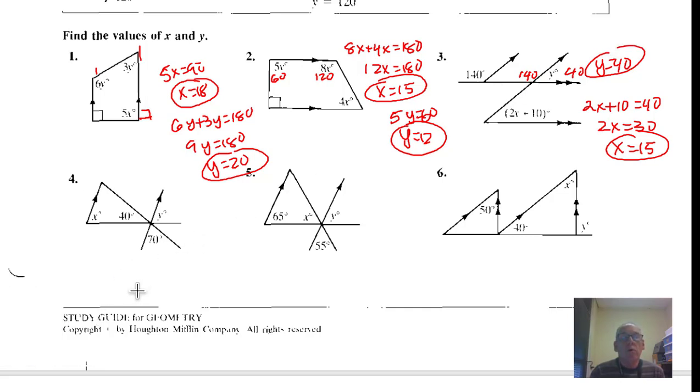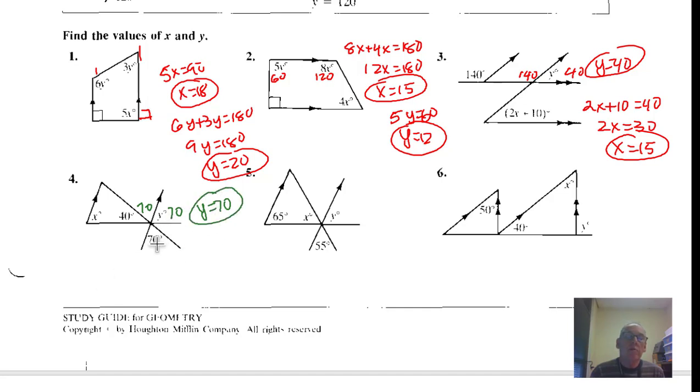Okay, looking at number 4, let's see what we got. Well, we can use vertical angles. We know that's going to be a 70. All together, these have to make 180. So the 40 and the 70 makes 110. That leaves 70 degrees left for y. So y is 70.